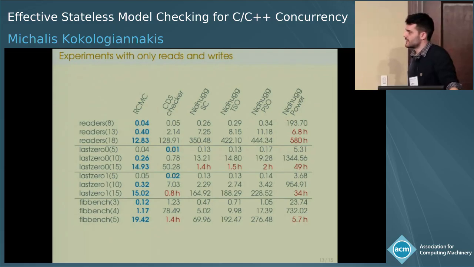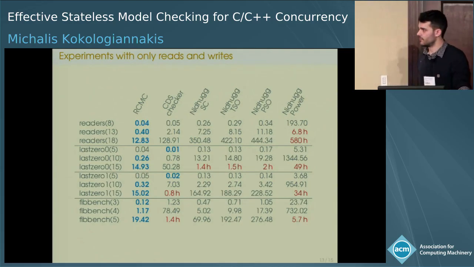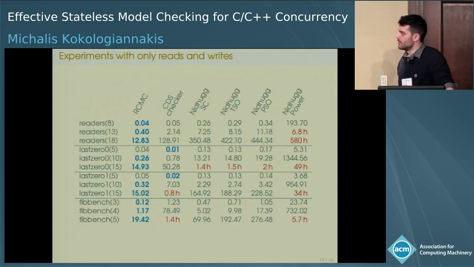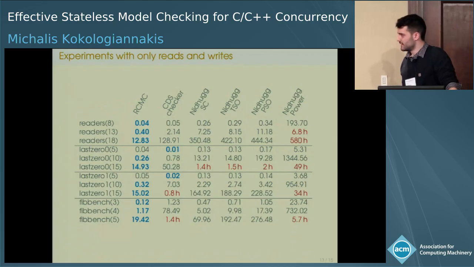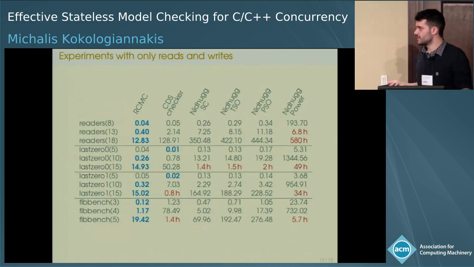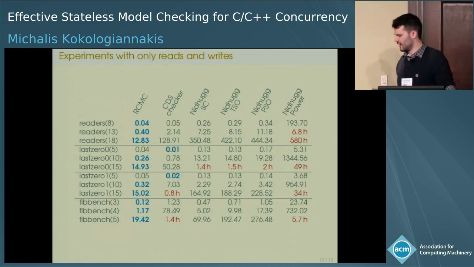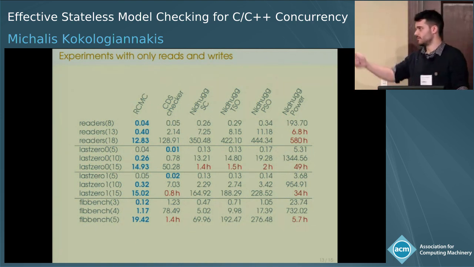And we also compared against CDSChecker. CDSChecker is probably the tool that's closer to ours, since it also operates for the C11 memory model. Our tool is implemented on top of the LLVM infrastructure, so in general, it can handle most C and C++ programs. And as you can see in these benchmarks, we outperform the other tools in most cases, except for some trivial ones.